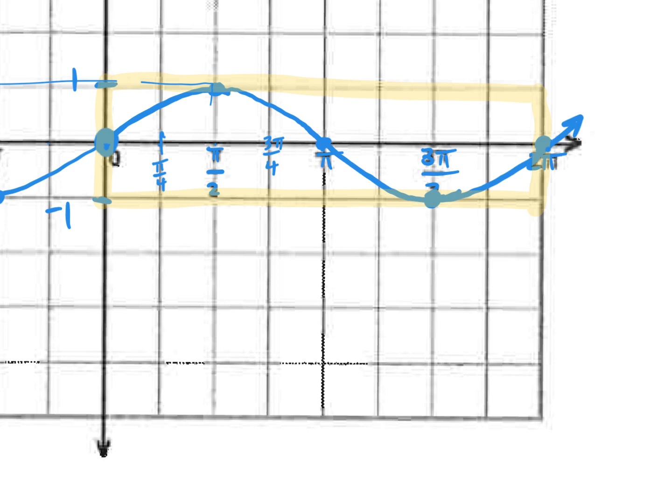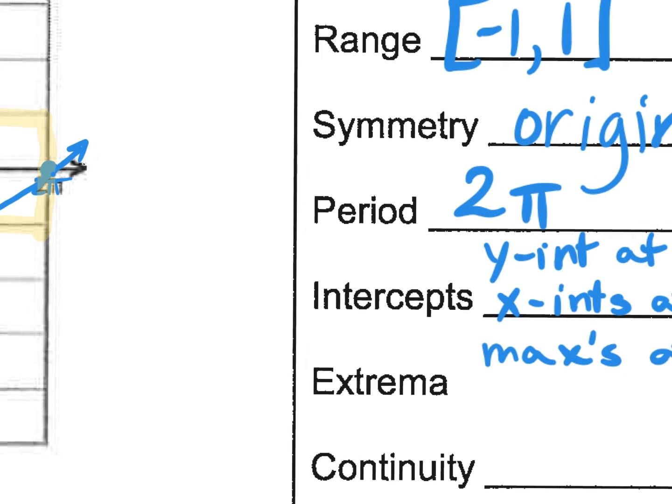So every 2 pi, starting at pi over 2, we hit another maximum, don't we? The first maximum's at pi over 2, and then every one after that. Does that make sense? Every chunk of 2 pi, every 8 spaces. So how do we write that?